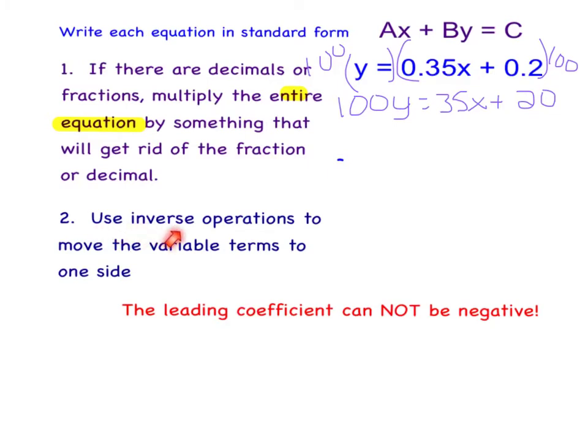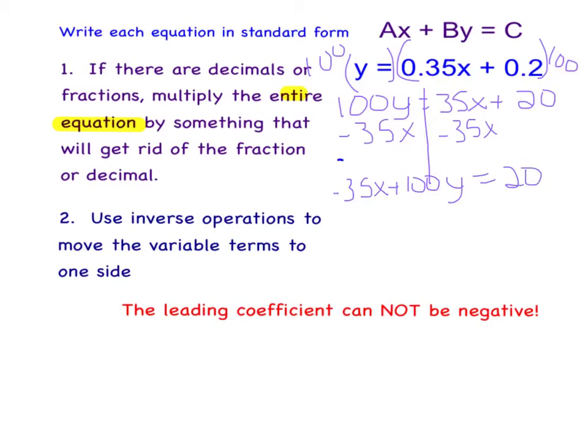We need to use inverse operations to bring the x term over. So we are going to subtract 35x from both sides. The x term has to go first though, so negative 35x plus 100y equals 20.